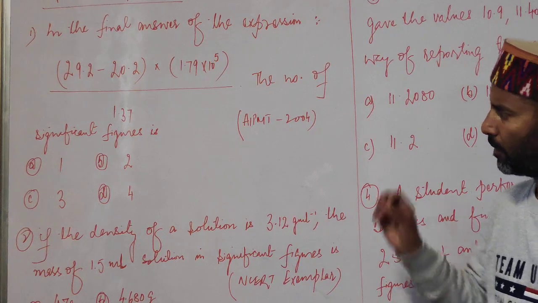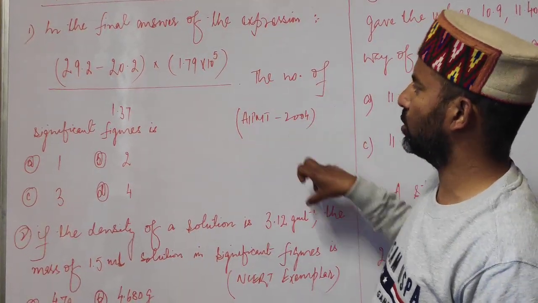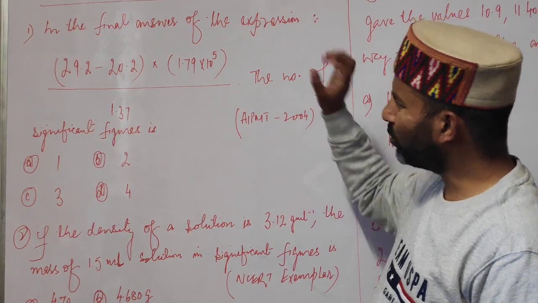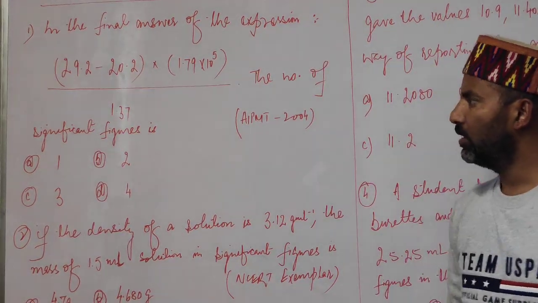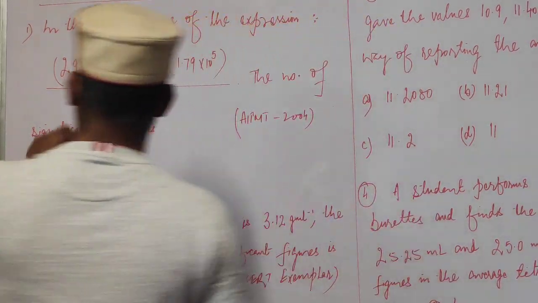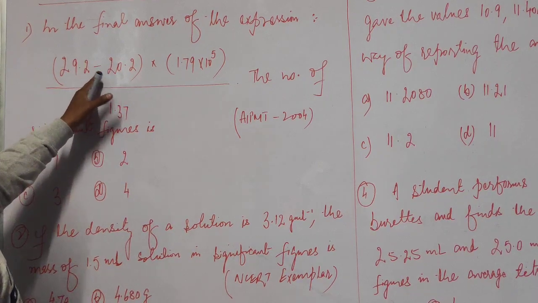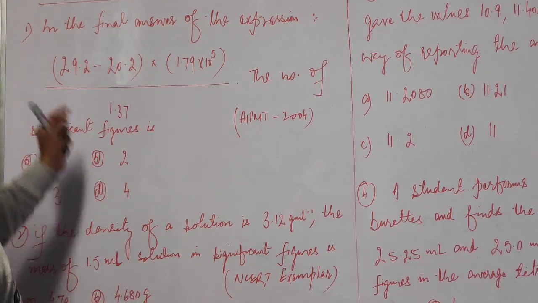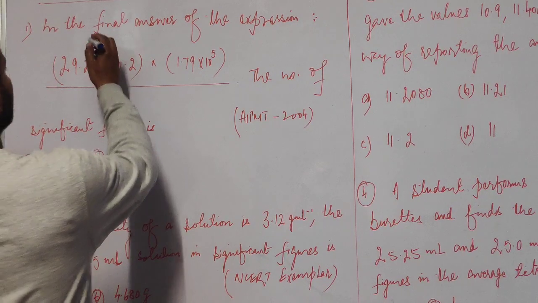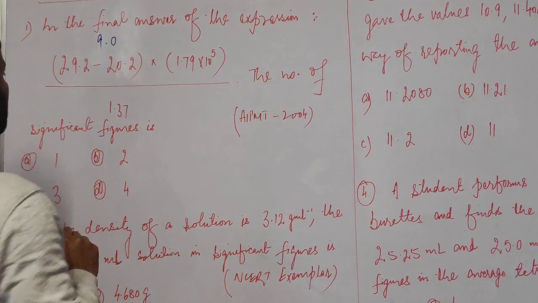Now students, to find the answer of such questions, the calculations as such are not required. We know that first, 29.2 minus 20.2 will be 9.0.